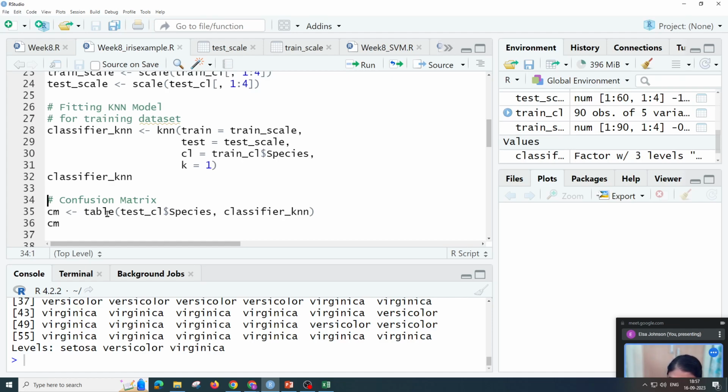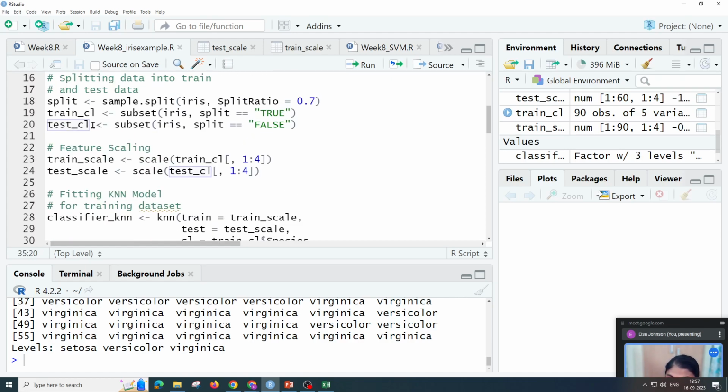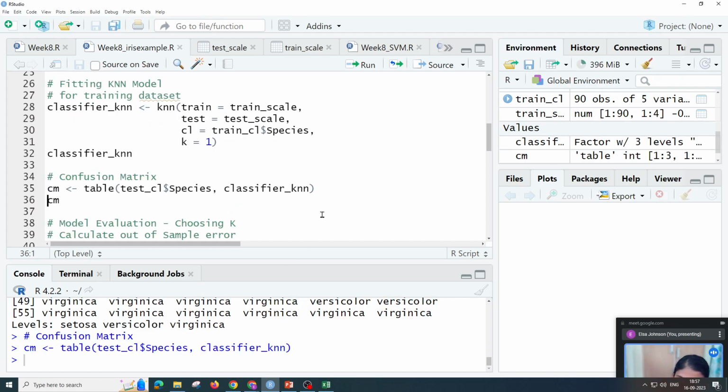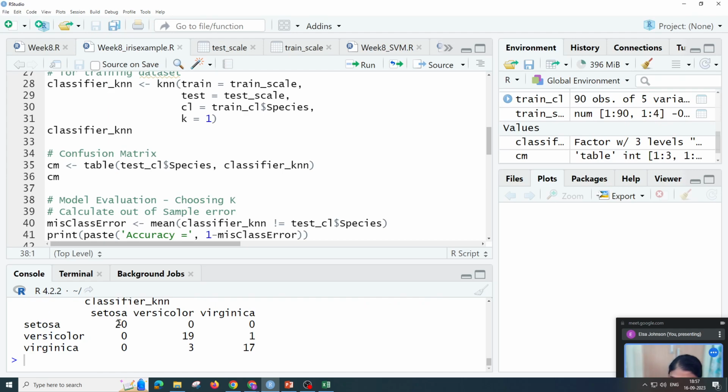Right now I am using table: test_cl, which we have split like this, $species, so it is untouched, and classifier_knn, which has the predicted classes. So you can see here classifier_knn is our knn, the values obtained from the classification, and this one is the original one.